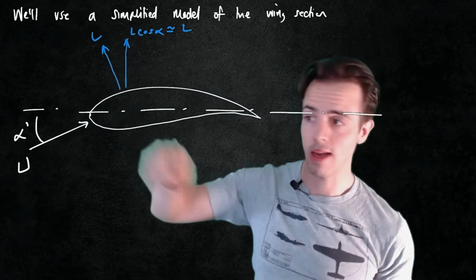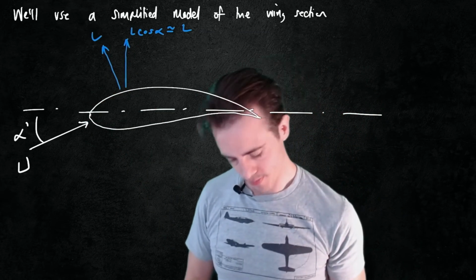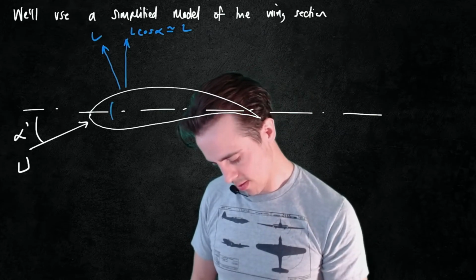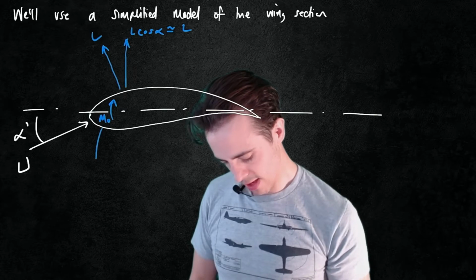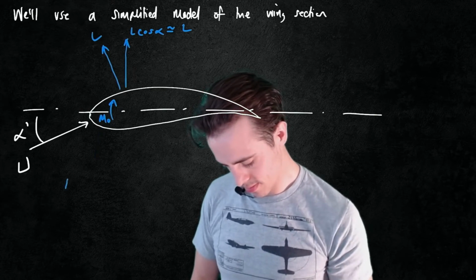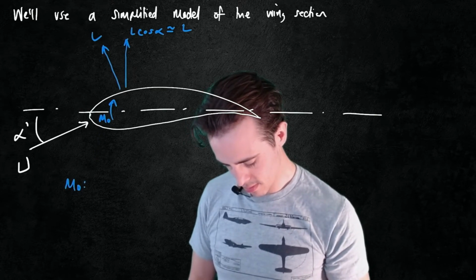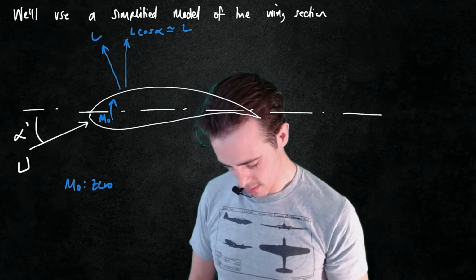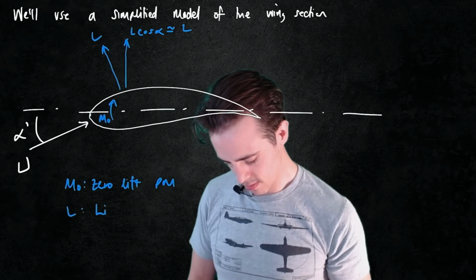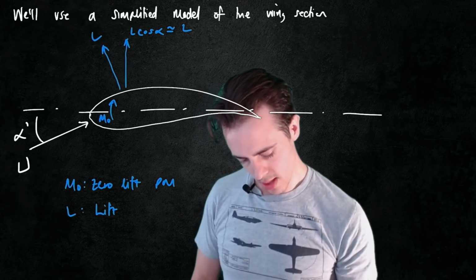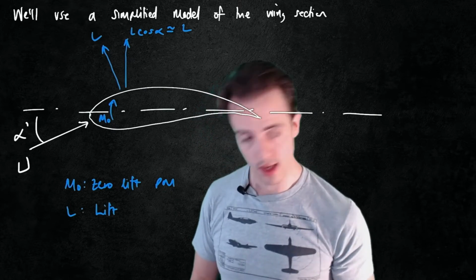We can just assume the lift acts straight up for our model. We've got M naught here, zero lift pitching moment. We then would have the elastic axis.